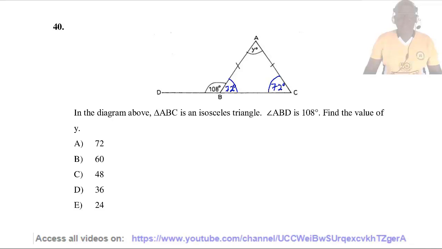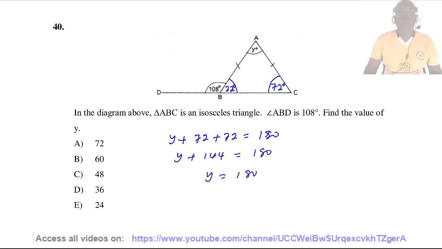Now the angles in triangle ABC should add up to 180 degrees. Therefore, y plus 72 plus 72 should be equal to 180, and therefore y plus 144 should be equal to 180. Therefore, y equals 180 minus 144, which equals 36.